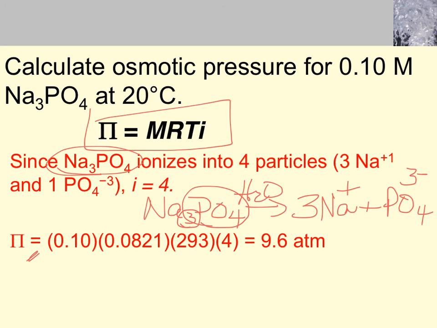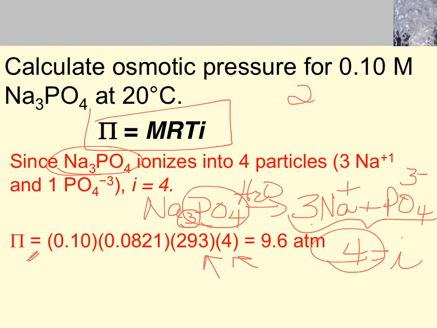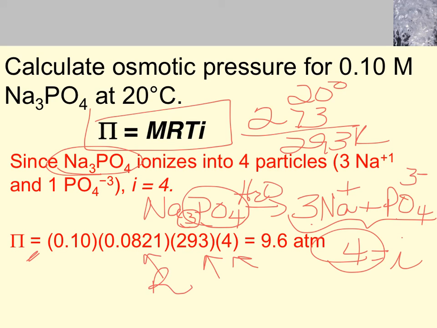Polyatomics remain intact. So you have 3 plus 1 or 4 ions. That's the I value. Okay, so that goes in for I. Make sure you change your temperature to Kelvin by adding 273 to it, 293 Kelvin, R value, and molarity, which they gave you. Okay, so your final osmotic pressure is 9.6 atmospheres.